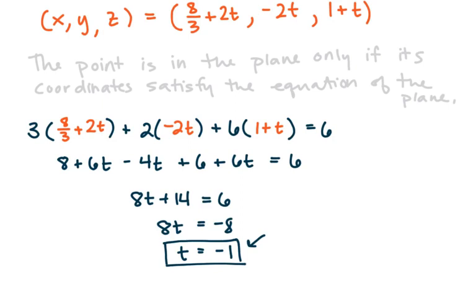So we're going to take that ordered pair up above, x, y, z, and I'm going to evaluate it for t equals negative 1.